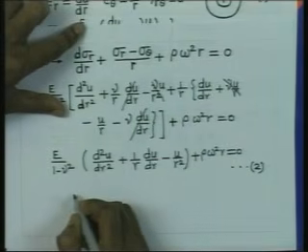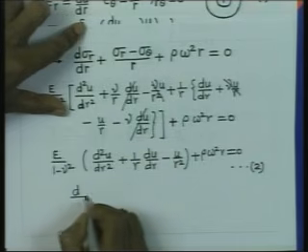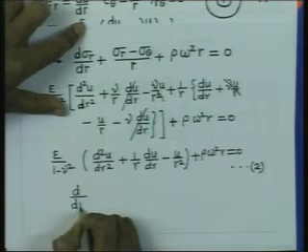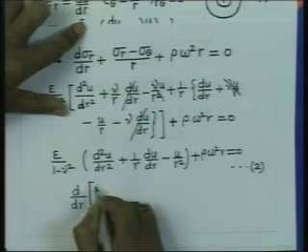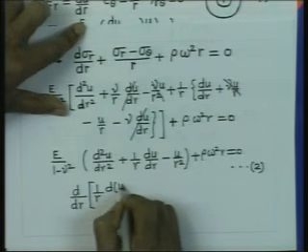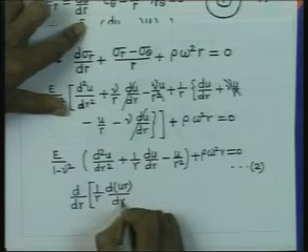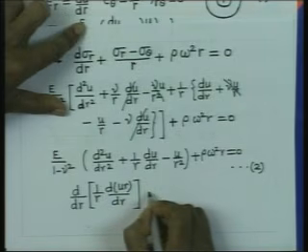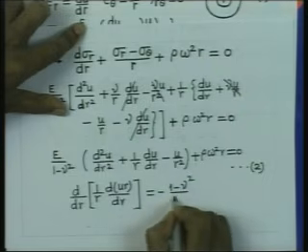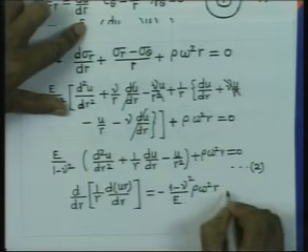On rearrangement, we find this thing to be, noting that this expression also can be written in this form, equal to minus 1 minus nu square by E rho omega square r.